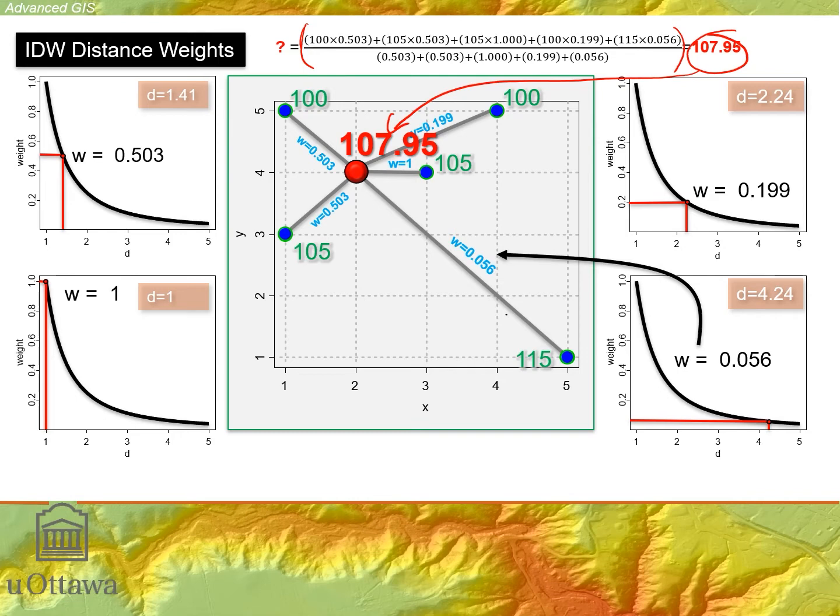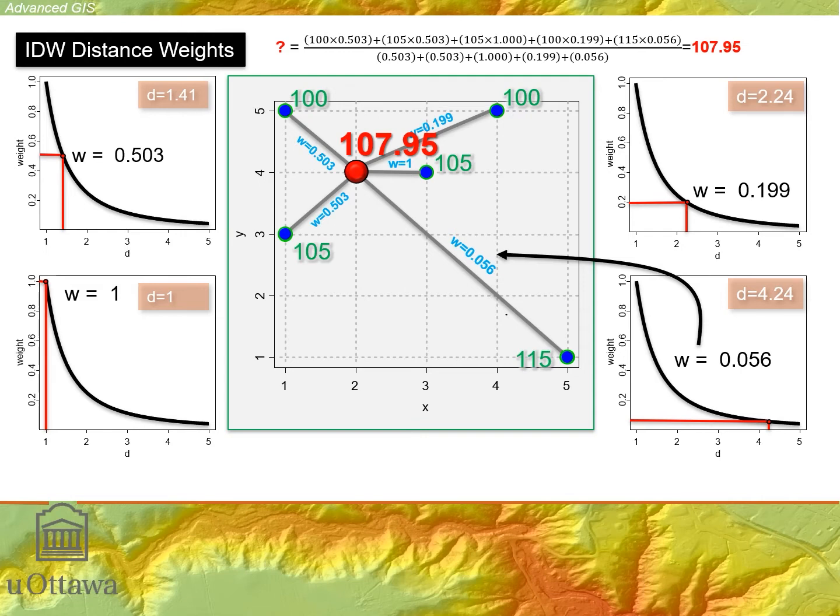So the estimated value based on inverse distance interpolation is 107.95. And this is, again, just 1 over distance to the power of 1. So that's inverse distance.